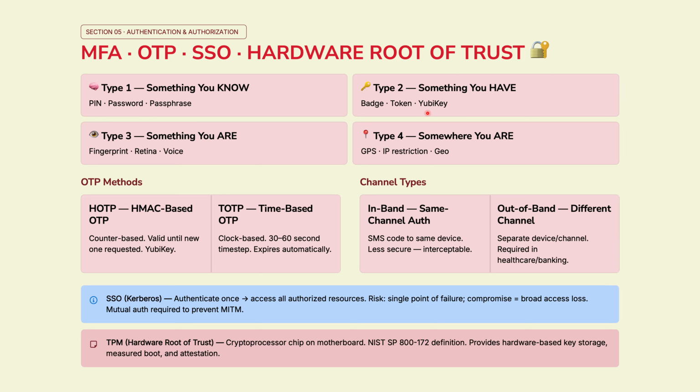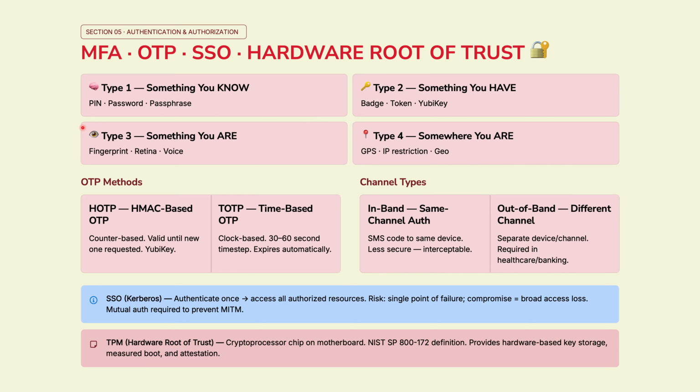Type 2, something you have, like a badge or token. Type 3, something you are, like biometrics: fingerprints, retina scan, voice prints. And type 4, somewhere you are, like GPS, IP restrictions, and geolocation.